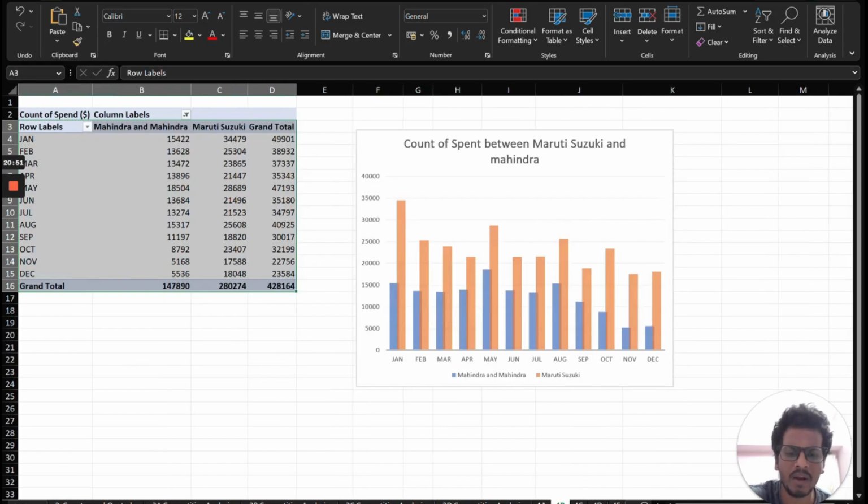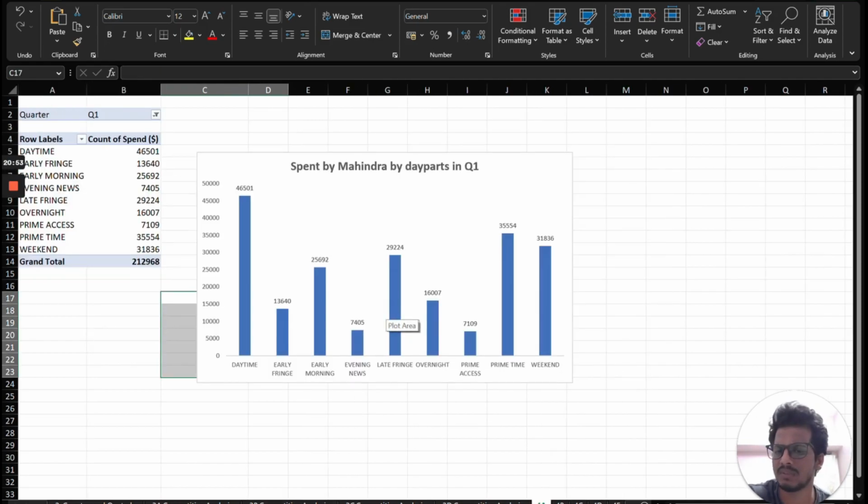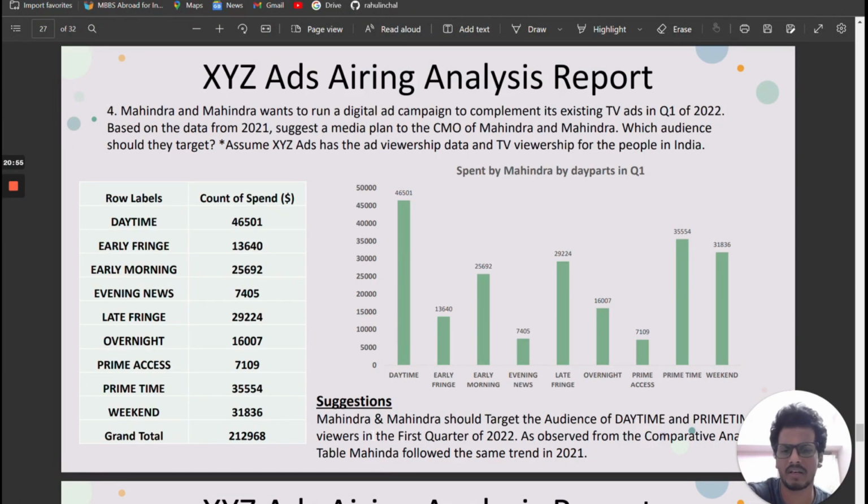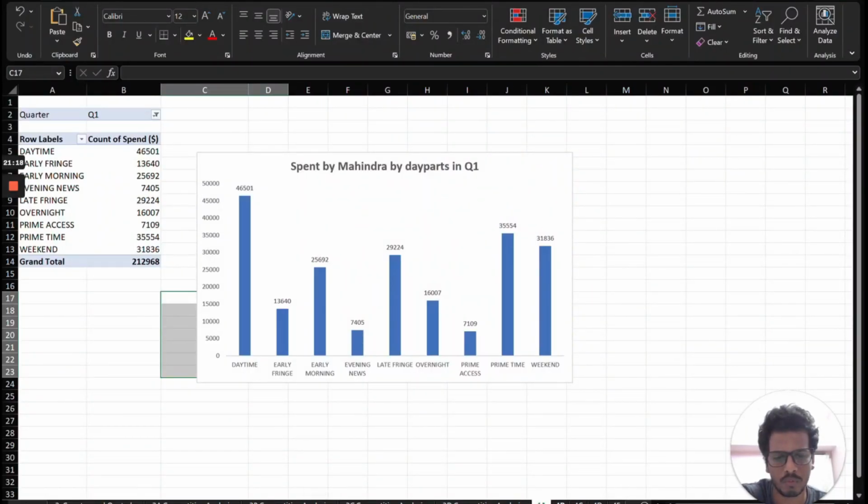My suggestion, which I have written down, is that Mahindra and Mahindra should target the audience on the daytime and prime time viewers in the first quarter of 2022, as observed from the analysis table. Mahindra followed the same trend in 2021, so they should follow the same trend in 2022 as well. That is what my suggestion would be.